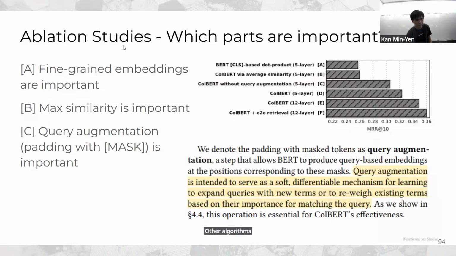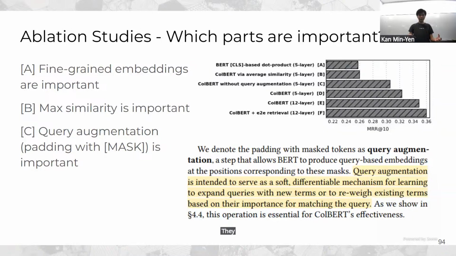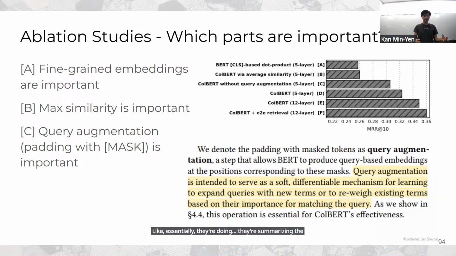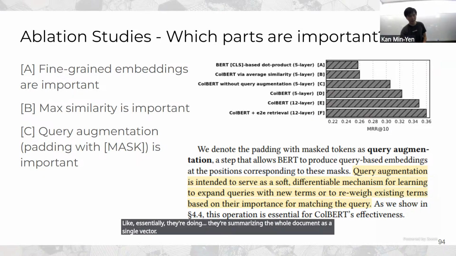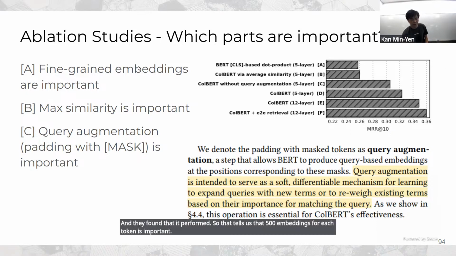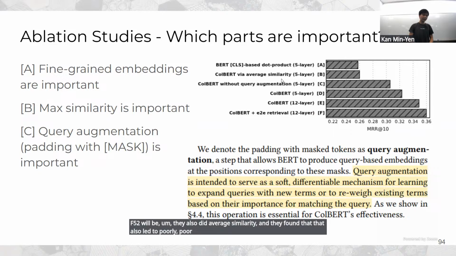For example, instead of having each token have its own embedding vector, they used a classification token as a vector, essentially summarizing the whole document as a single vector, and they found that it performed poorly. So that tells us that fine-grained embeddings for each token are important. Point two, they also did average similarity, and they found that also led to poor performance. And that tells us that the maximum similarity metric is important.